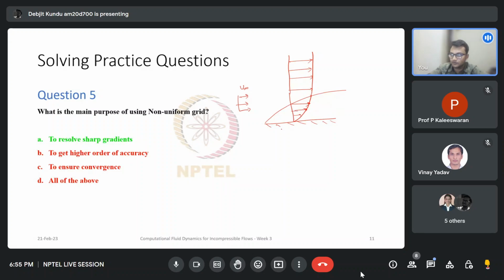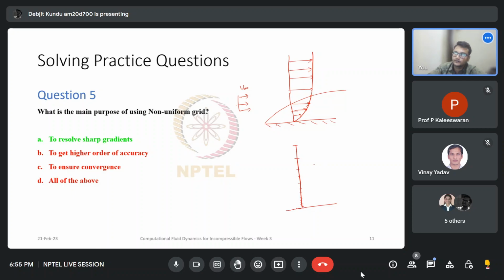So if I'm trying to model this using CFD, I don't need very closely spaced grids in the regions where there is no gradient. But in the region of the gradient, in order to capture that, I need a very refined grid. That's the term used.